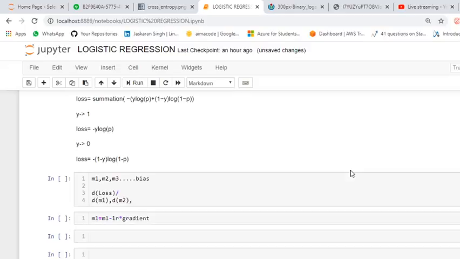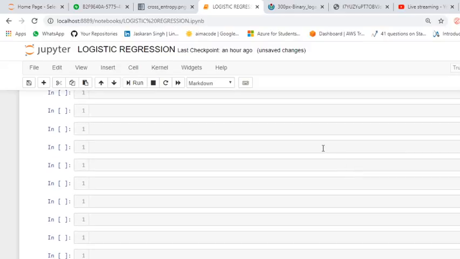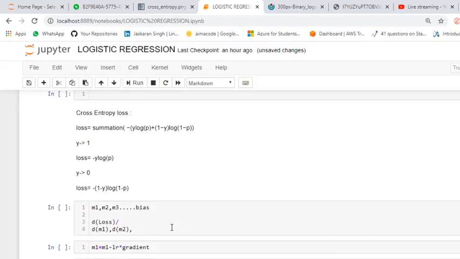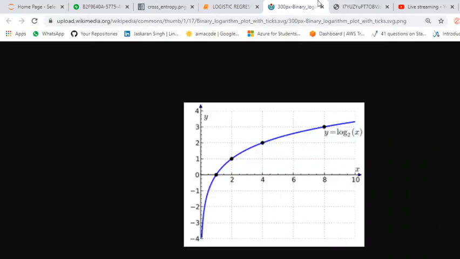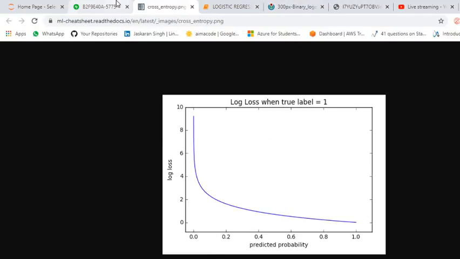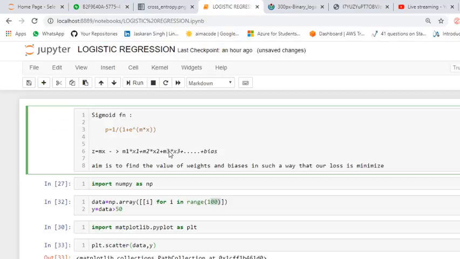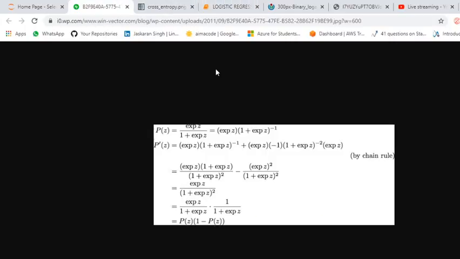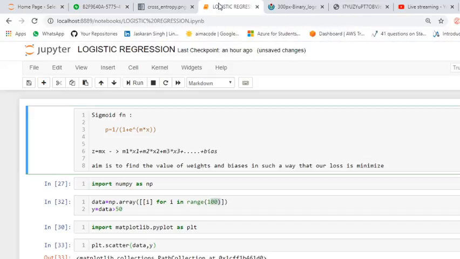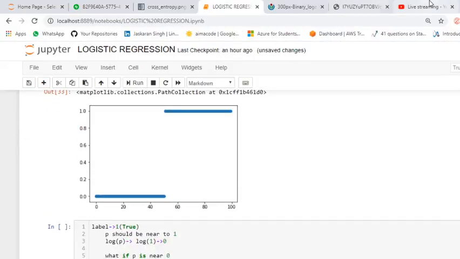Okay, so the sigmoid function is e to the power minus mx. Wait, let me confirm it.